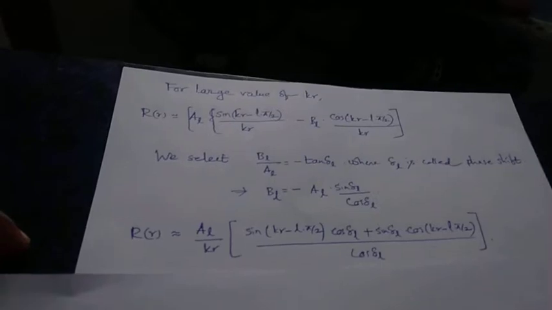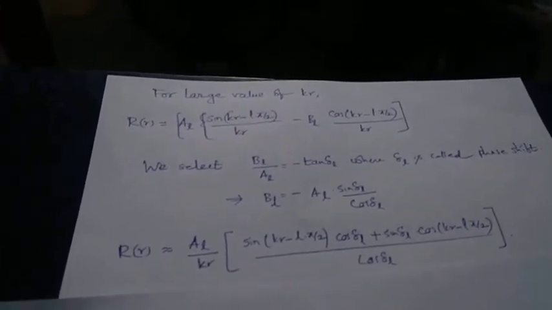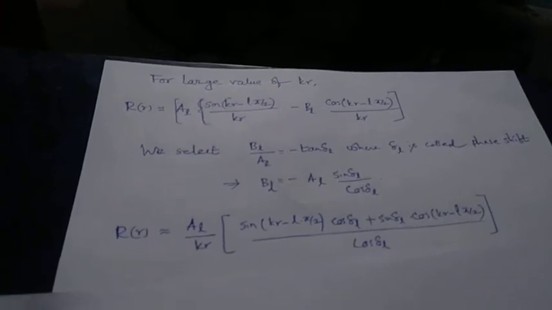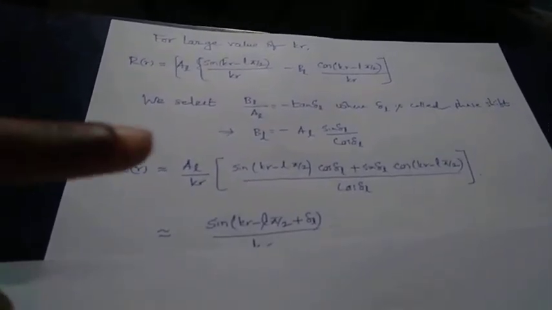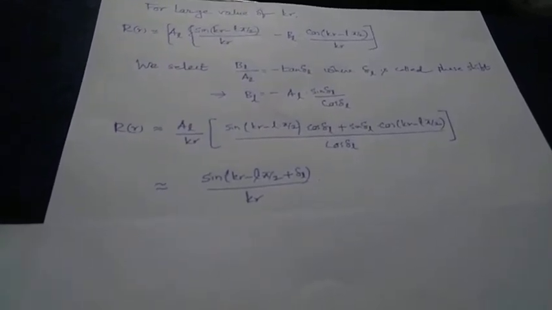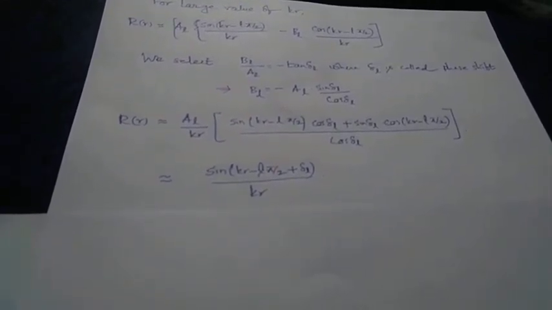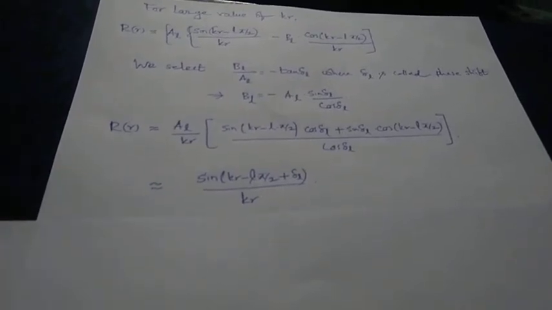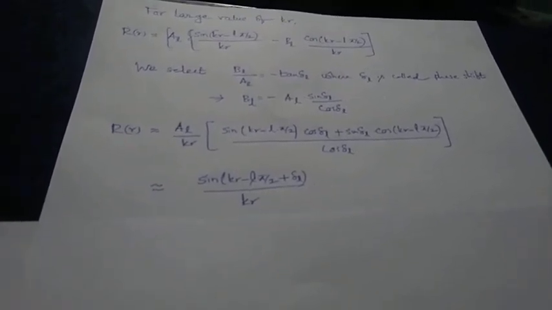If we substitute this value of B_l, which is equal to minus A_l into sine delta_l divided by cos delta_l, and make use of the fact that the numerator in the bracket can simply be written as sine of (kr minus l pi by 2 plus delta_l), we can write the R function approximately as sine of (kr minus l pi by 2 plus delta_l) divided by kr.